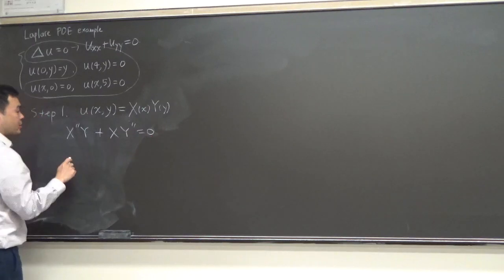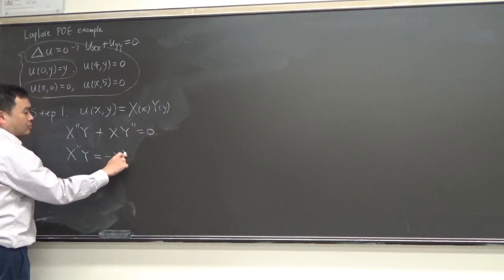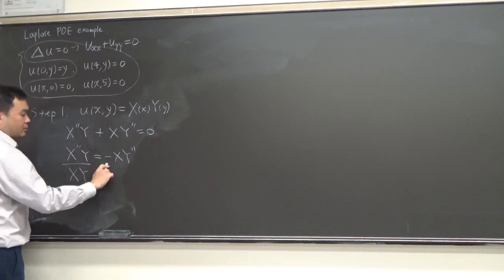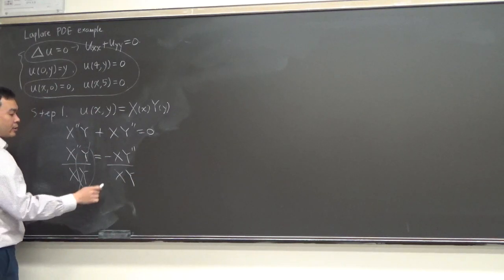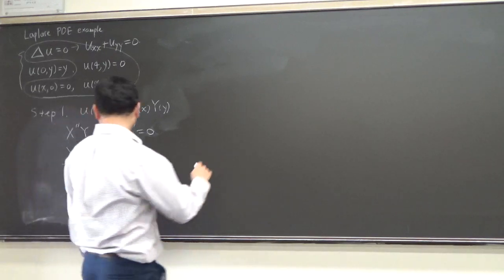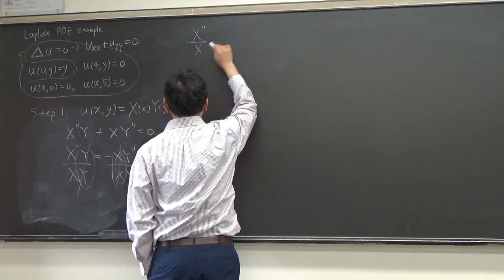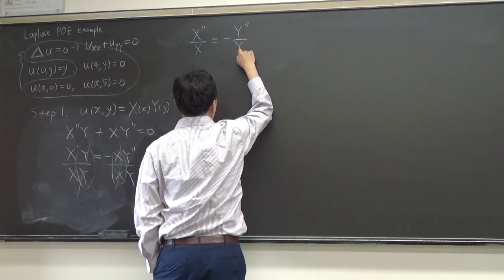Move this to the other side, and then you divide both sides by XY, so that this cancels away, and then this cancels away. So you get X double prime over X equal to negative Y double prime over Y.